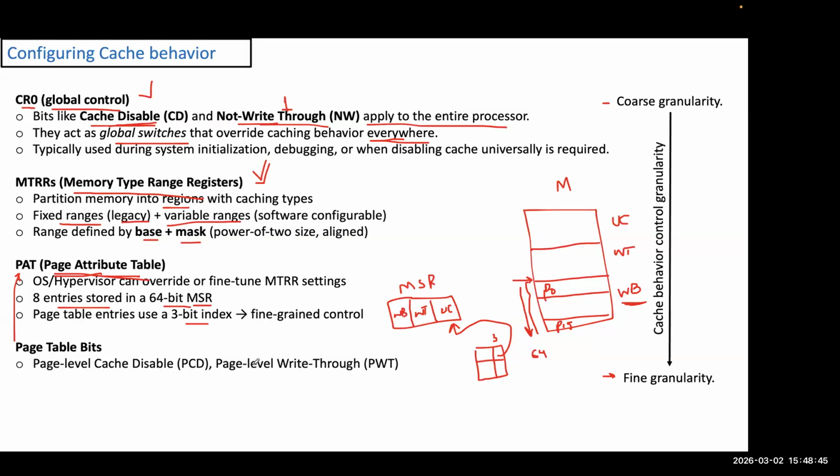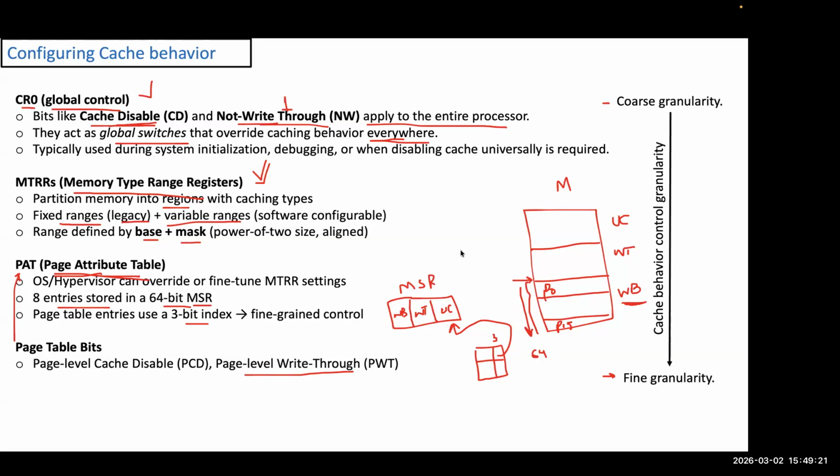So whenever any data is read by a process or software from that page, and that page is marked as page level cache disable, it means any data that is read will not be copied in L1, L2, or L3. Similarly, you can say page level write through. So any data that is updated for that page should be updated in all the cache levels, like L1, L2, L3, and in the memory. Okay. Let's see if there are any questions.